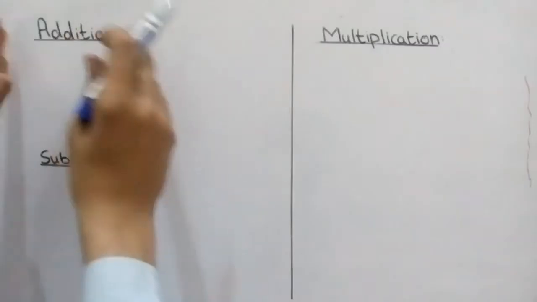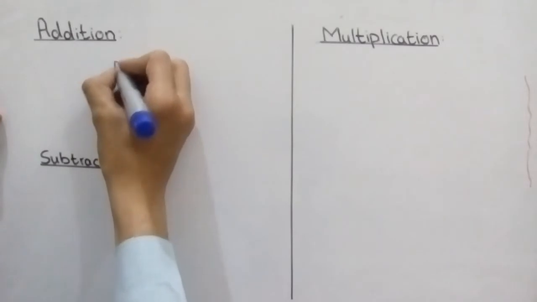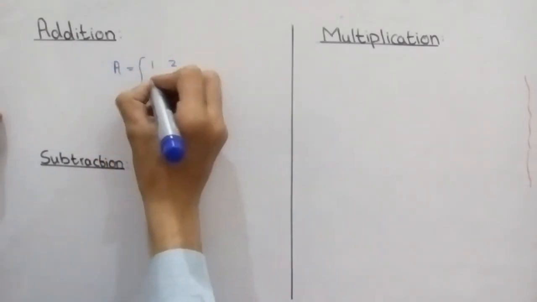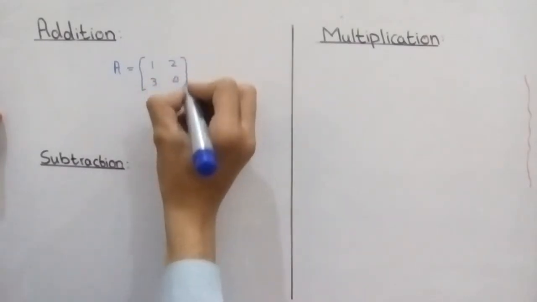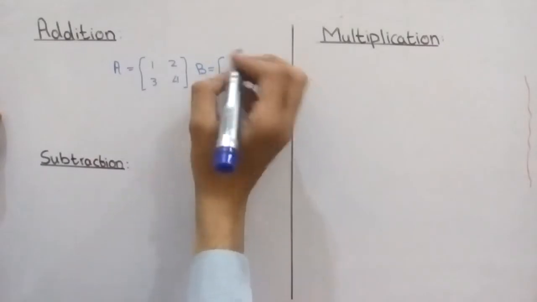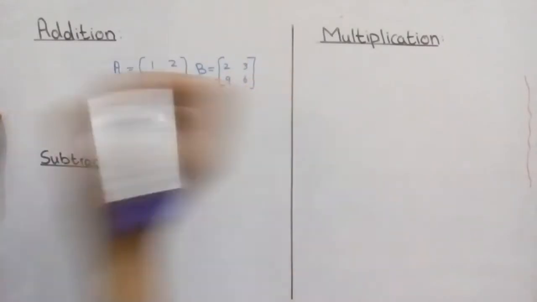So let's take a look at addition first. For addition, we will take a matrix A equal to 1, 2, 3 and 4, and B equal to 2, 3, 6, 9.